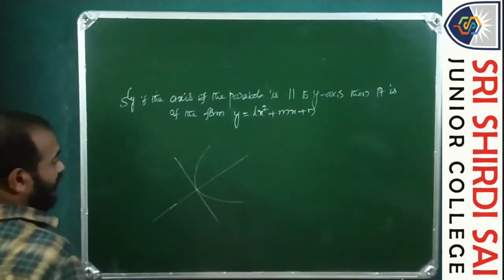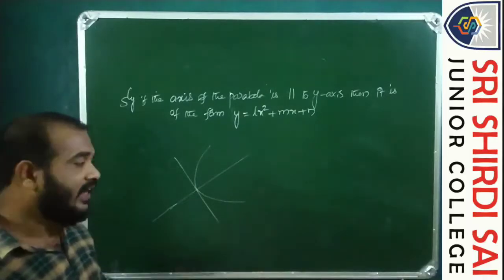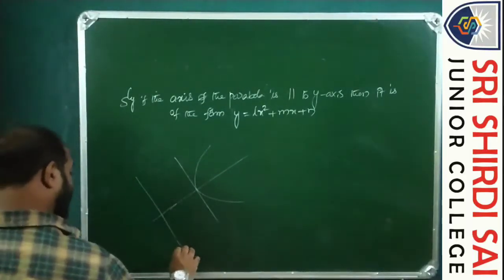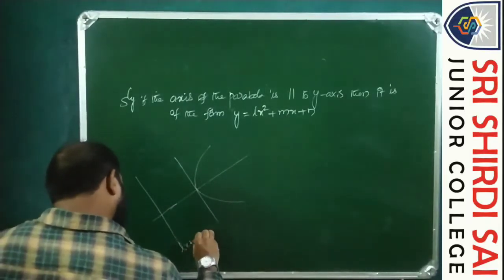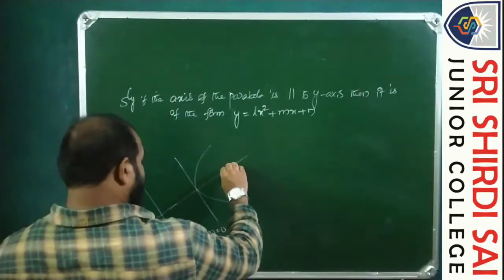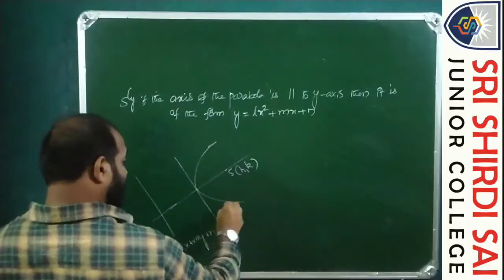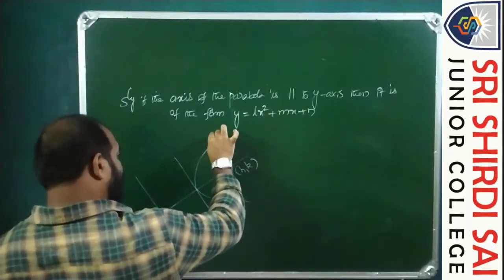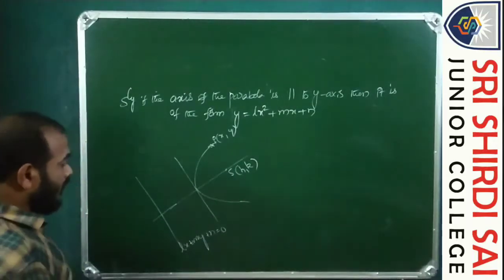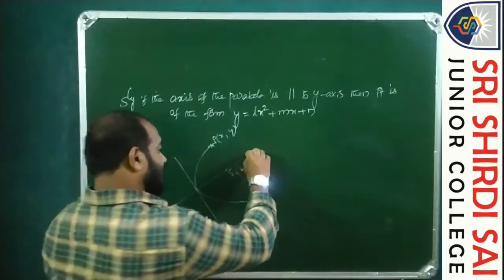If you see, this is neither symmetric about x-axis nor y-axis. So, for example, if you take this line to be lx plus my plus n equals 0, and the focus S be h comma k, and let us suppose this point P be x comma y. So this is the directrix and this is the principal axis.